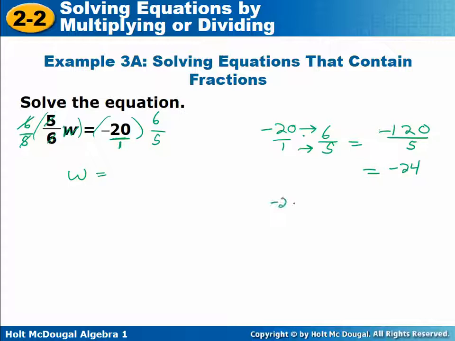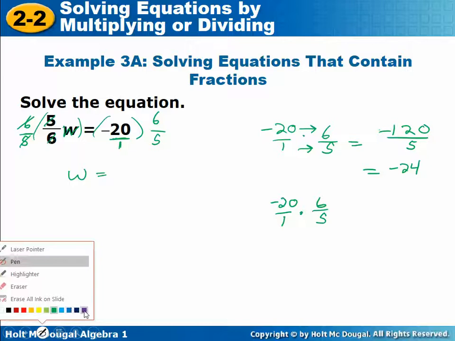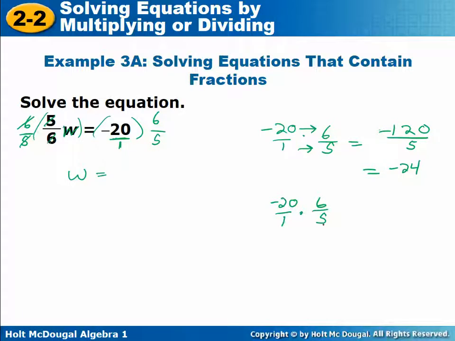This is an easier way to do it, is to cancel before multiplying. So we have a 20 in the numerator and a 5 in the denominator. The factors of negative 20, or let's just say 20 for now, is 4 times 5. And 5 is also in the denominator.